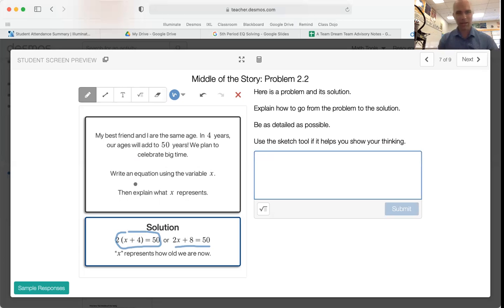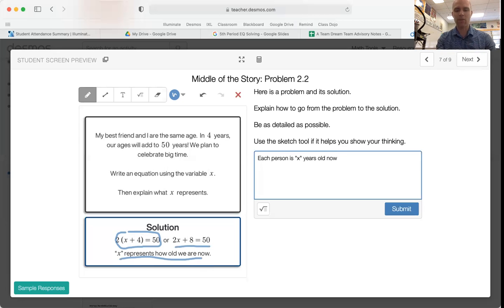We don't have to write the fact that X represents the current age, because they actually put it in this one. So let's type it like this. We know each person is X years old. Right? We talked about that on the previous screen. X is going to represent their current age.